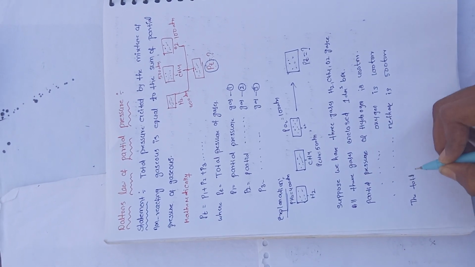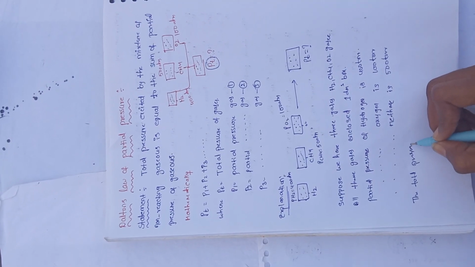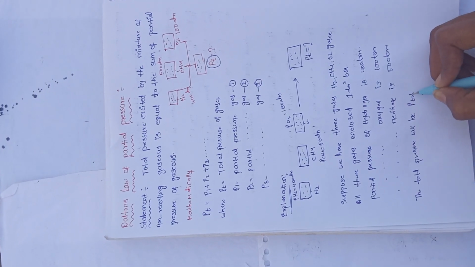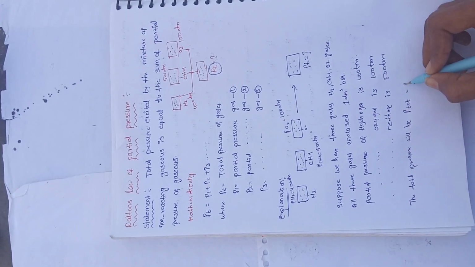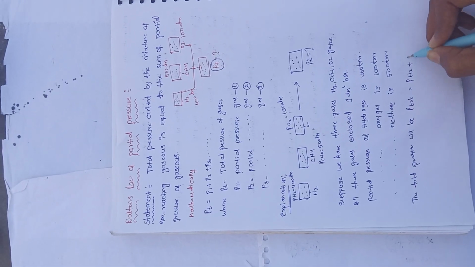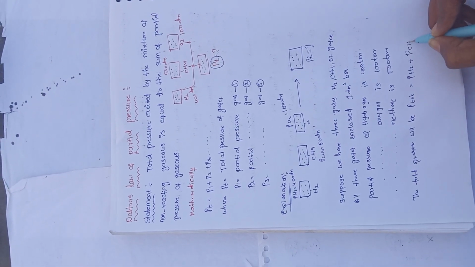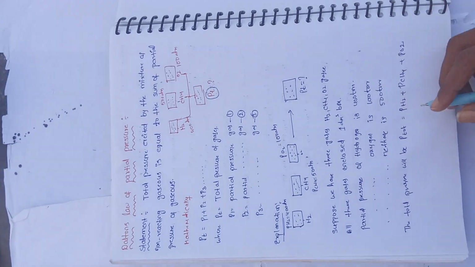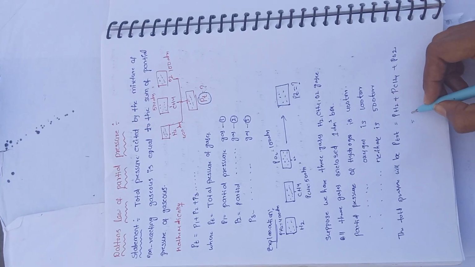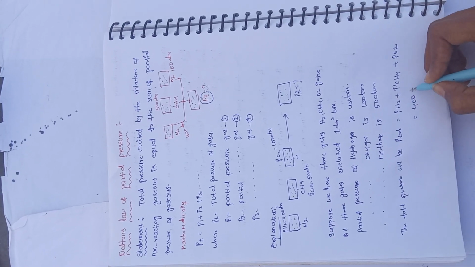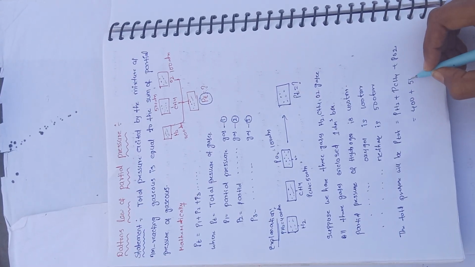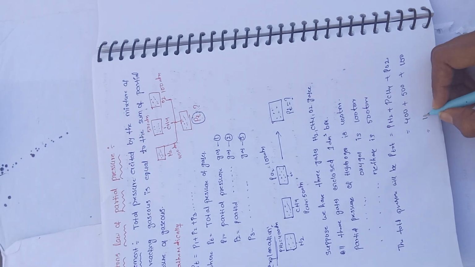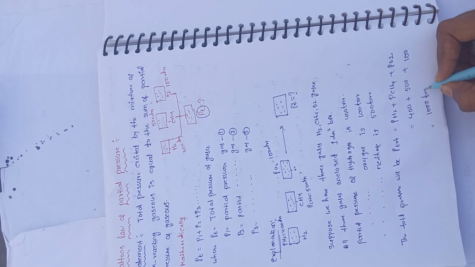So P total is equal to the partial pressure of hydrogen plus the partial pressure of methane plus the partial pressure of O2, right? PH2 is 400, plus CH4 is 500, plus PO2 is 100. So the total is 1000 torr.